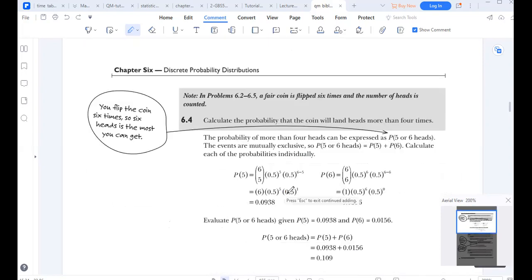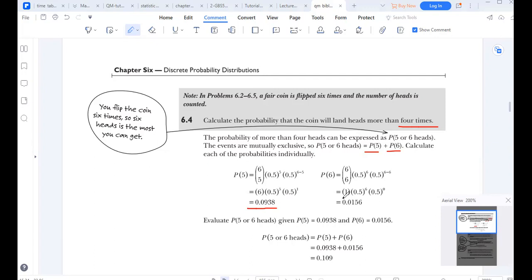So let's look at another question on the same subtopic. Calculate the probability that the coin will land more than 4 times. Remember our n was what? 6. So more than 4 times means 5 and 6. So you can find probability of 5. The 5 goes there. 6 minus 5 is 1. So we combine them, we get this. Then here, the 6 is 6 combination 6, and a number combination itself is what? 1.